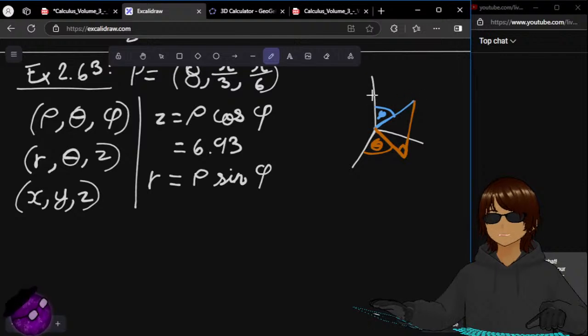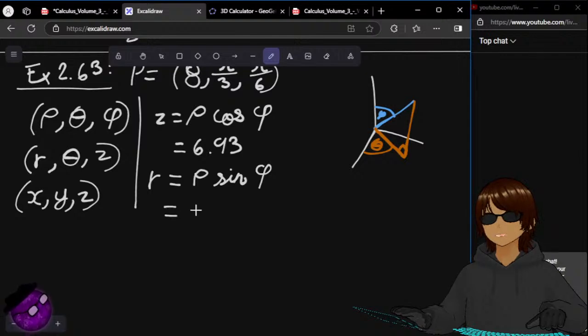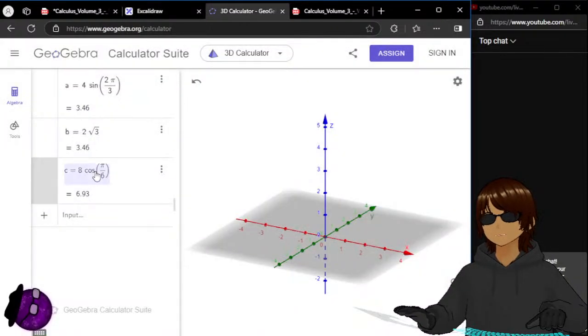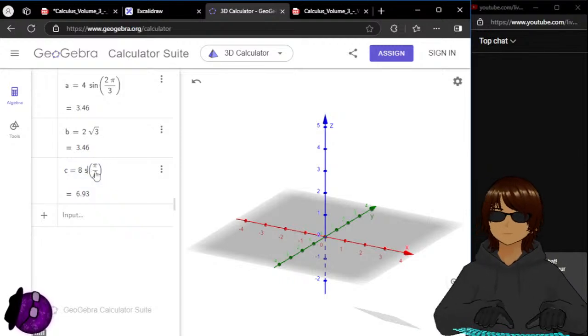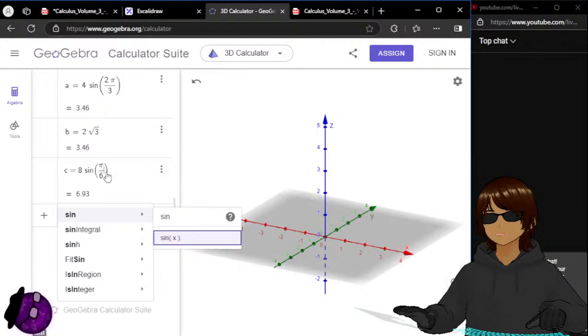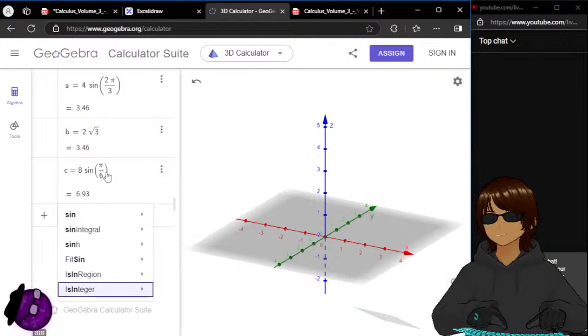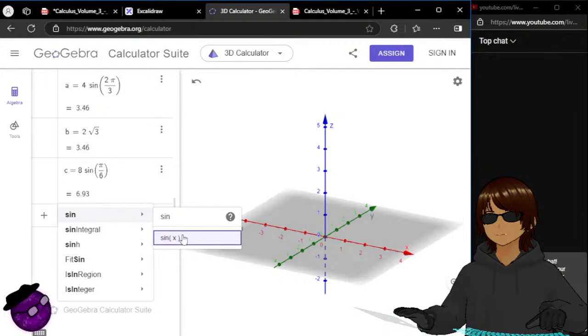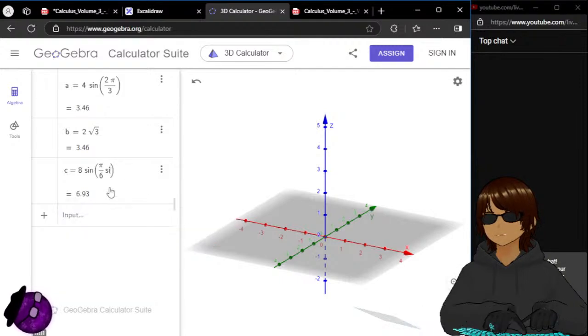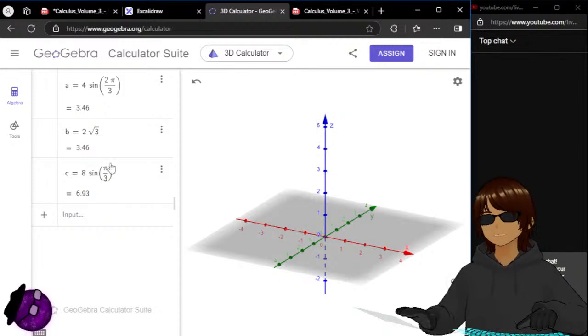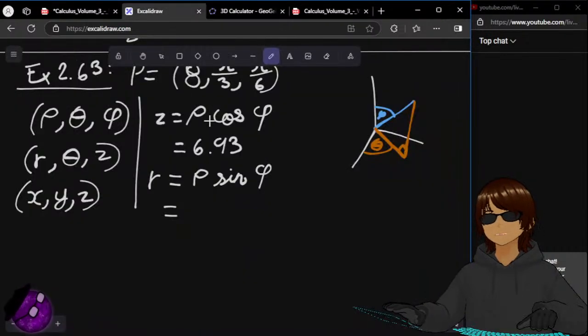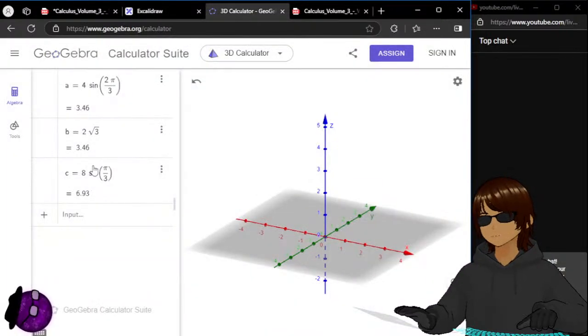Sine phi gives the opposite side, right? So r is 8 times sine of pi over 6, which is 4.